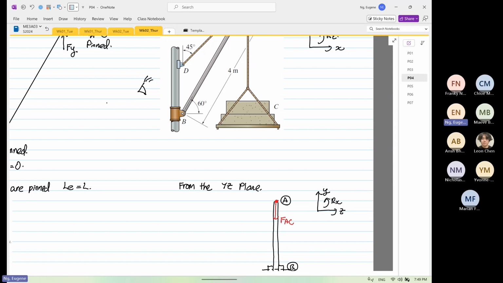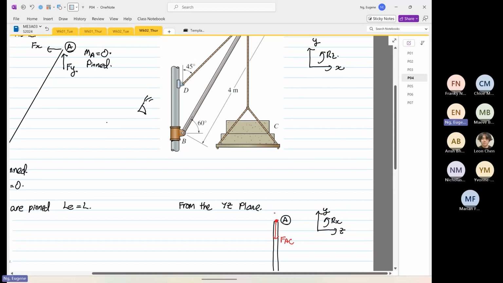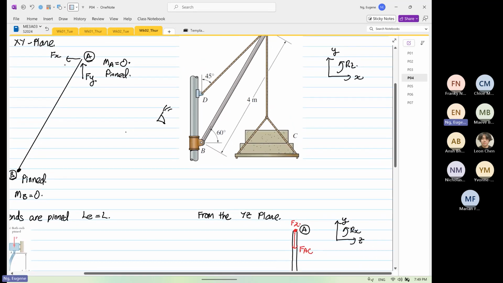This is just a dot over here, and the dot represents your Fx, which is coming towards you, because if you look over here, the head of the arrow is coming towards you.